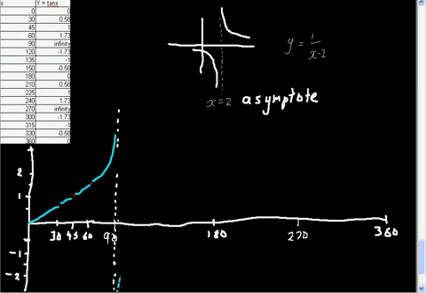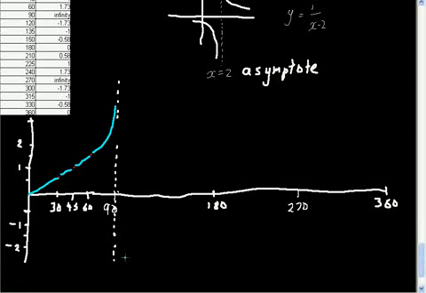So it's coming up from negative infinity. Let me just redraw that. It's coming up from negative infinity, so the value of tan 90.1 will be a very high negative value.